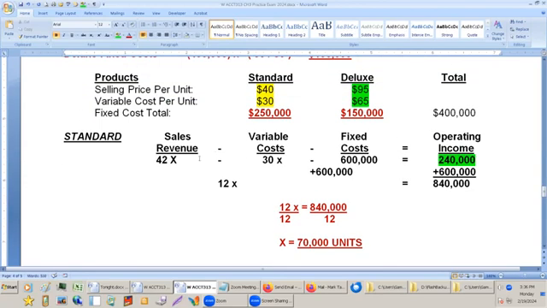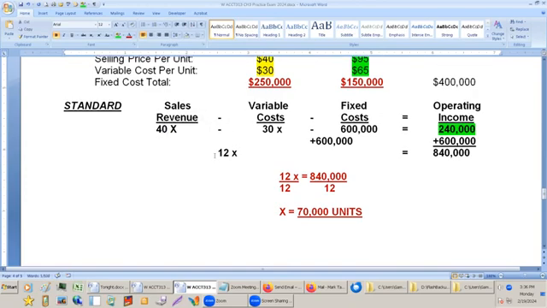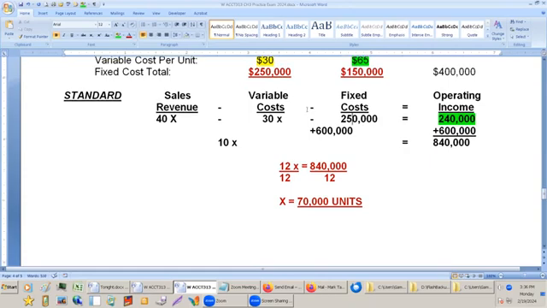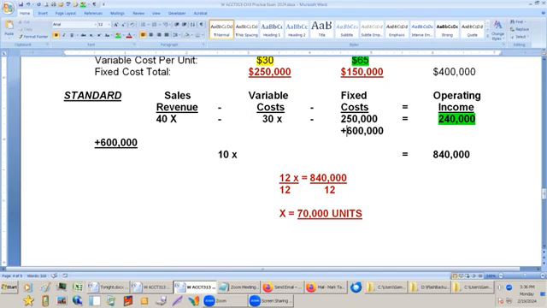Okay, so 40, 30. No, too much. 10. And the fixed costs are 250. Break even, it is 0.